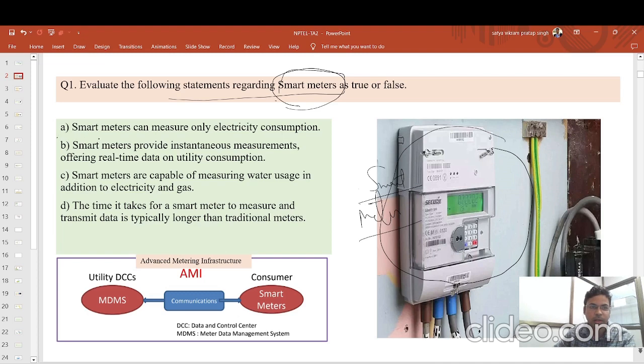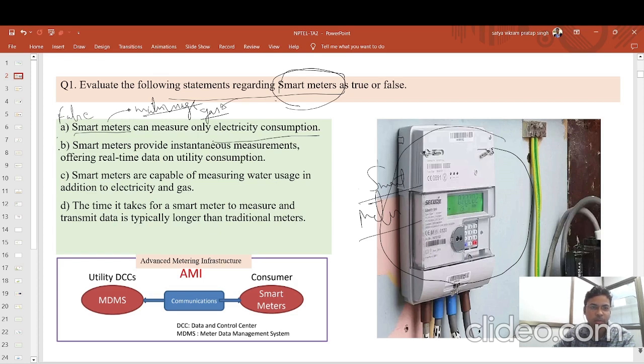It says that smart meters can measure only electricity consumption. Actually, this option is completely wrong, because smart meters can measure water usage apart from electricity consumption, and also the gas consumption of the gas pipeline you are connected to. So the first statement is false.